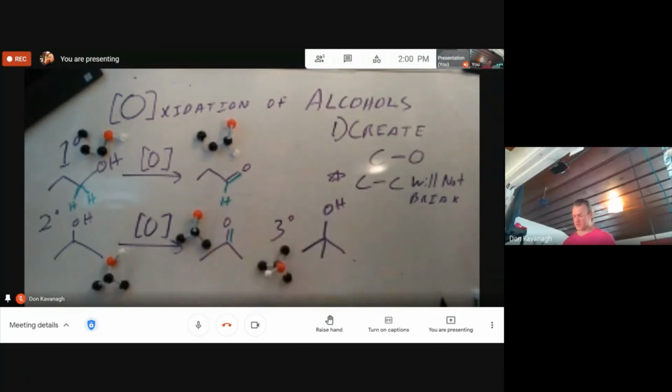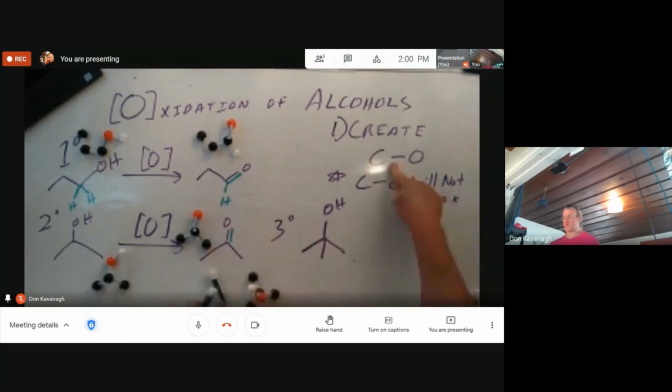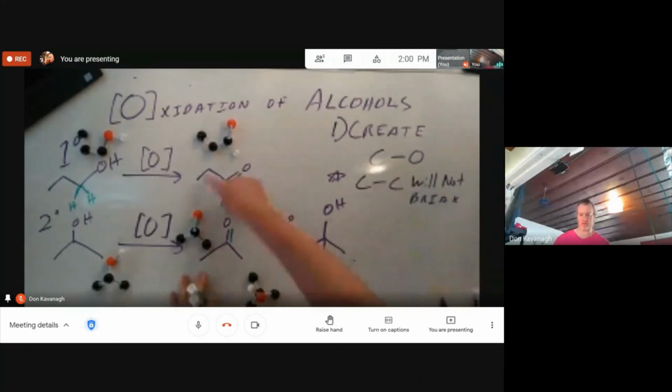Again, looking at this carbon in the center here, the carbon that the alcohol functional group is bonded to, this carbon is bonded to 3 other carbons. That's why we're calling it a tertiary alcohol. Now, in oxidation, we're going to create carbon-oxygen bonds, but carbon-carbon bonds are not going to break. We haven't broken any carbon-carbon bonds along the way here.